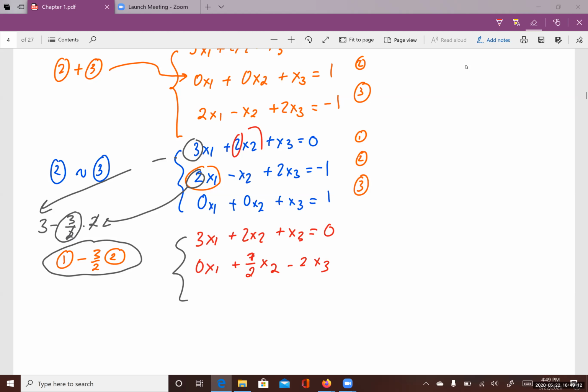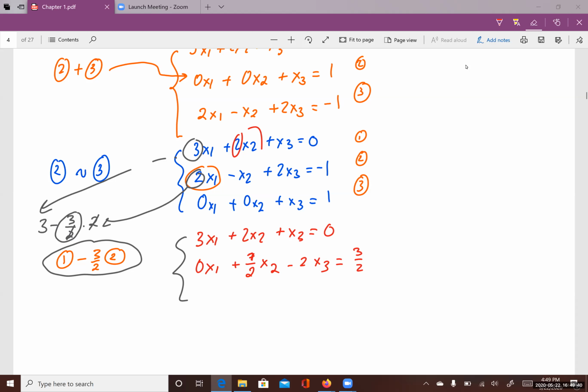Okay, so keep in mind and pay attention to the sign in front of each of the coefficients. And then for the constants, I would have 0 minus 3/2 times negative 1, which is plus 3/2. So it equals 3/2. Okay, and I've finished the second new equation when you apply these operations.